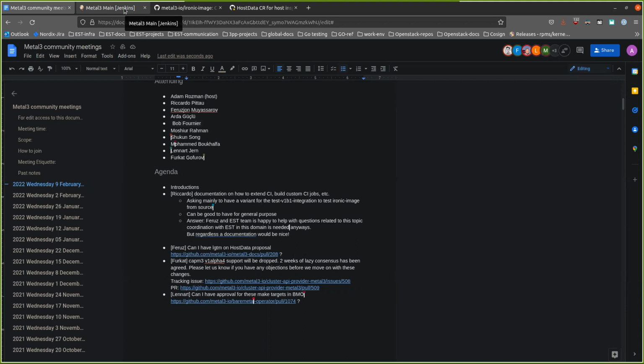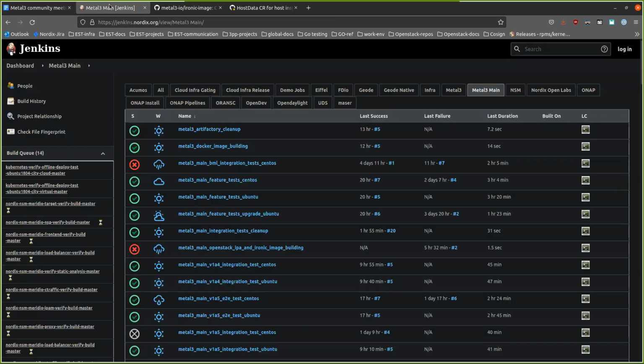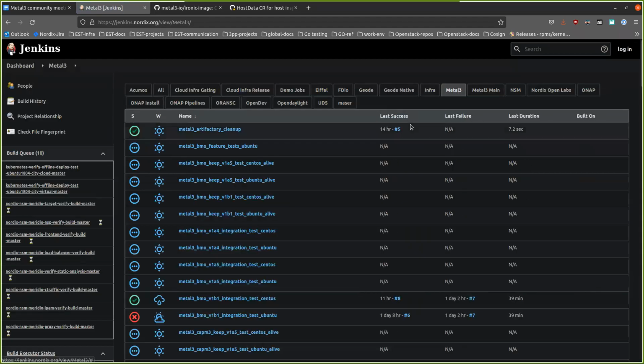And then there are two different repositories, one in the Metal3 project and one in Nordics, and those basically contain the jobs that we are running under Metal3 and Metal3 main.